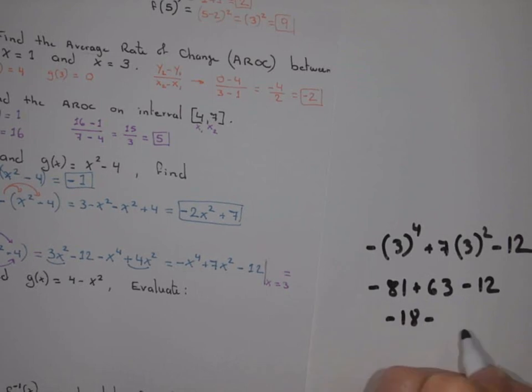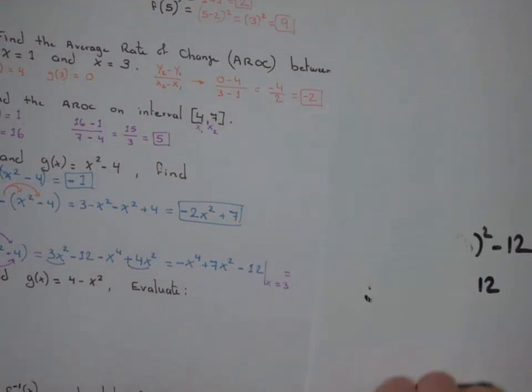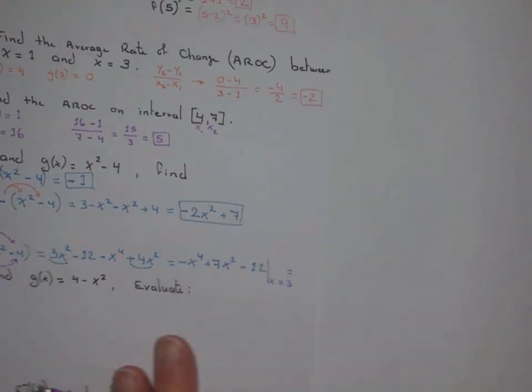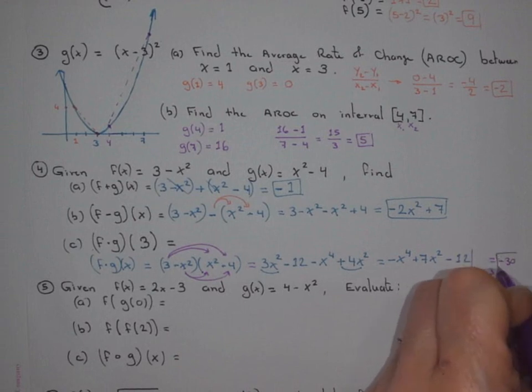And then minus 12. Let's make sure again. So yes, negative 18 and then minus 12, and so that will be equal to negative 30, right? You agree with me? So I'm going to erase it here, and we're going to put that on our paper. So when we plug in a 3 for those x's, it's going to be negative 30. Okay?